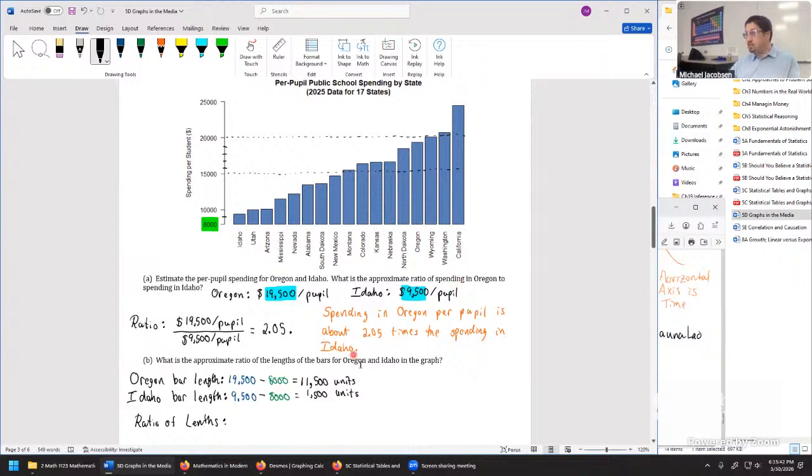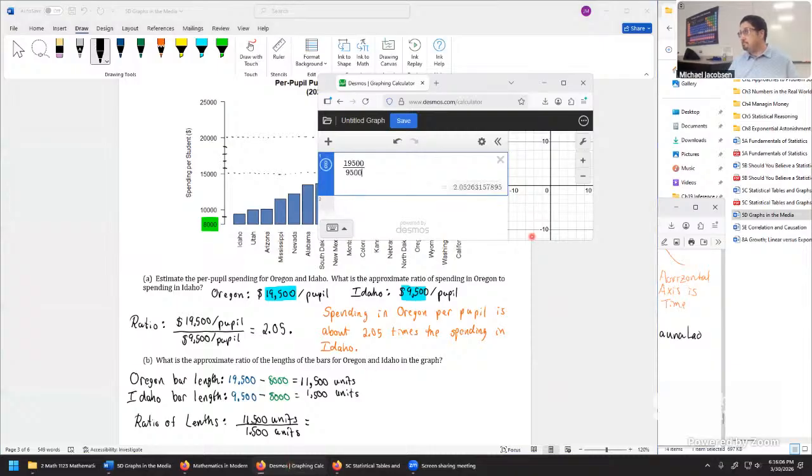But we're going to start at Oregon, so the numerator is going to be 11,500 units. Whether you call it units or dollars, the unit is going to cancel out regardless. Divide by 1,500 units here. And so here's what the ratio comes out for on this one. 11,500 divided by 1,500 comes out to about 7.67.